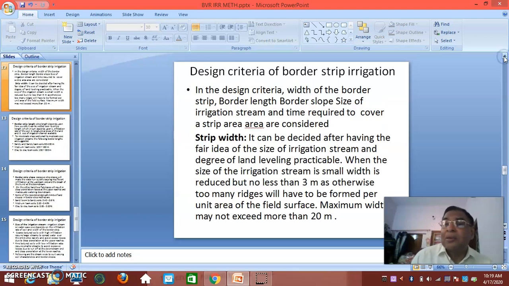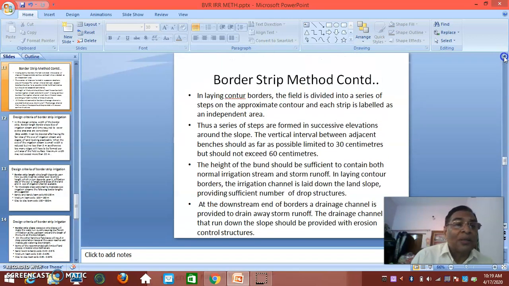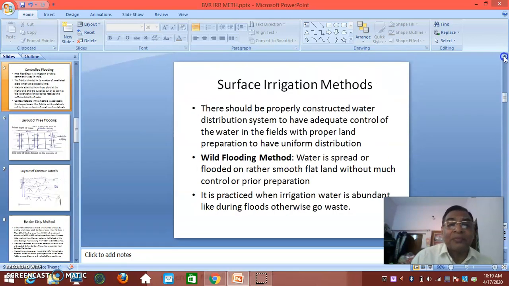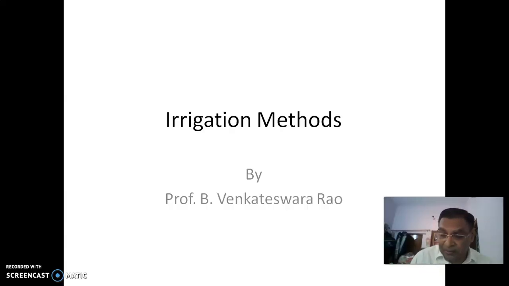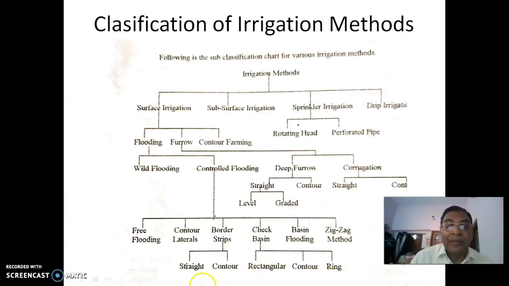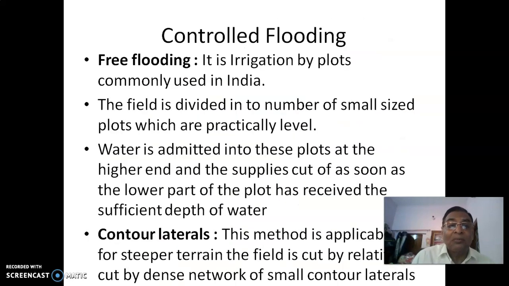And now, out of this, you can see the classification. Basically, once again I remind you, we are here at the border strip method. Under controlled flooding, border strip method, we will cover both straight and contour and so on. Okay, so let us go.